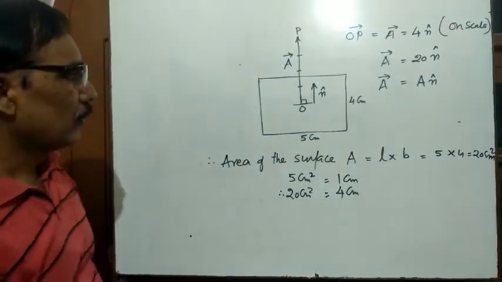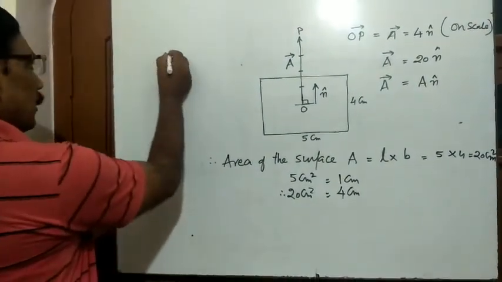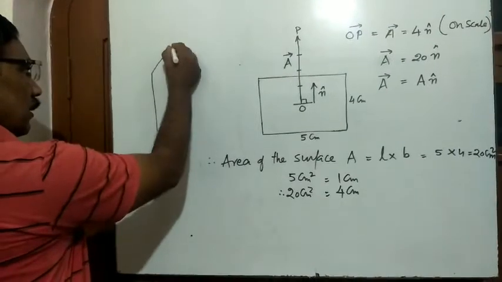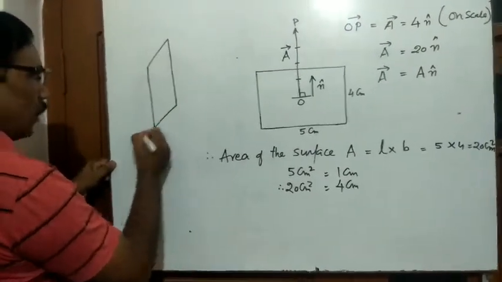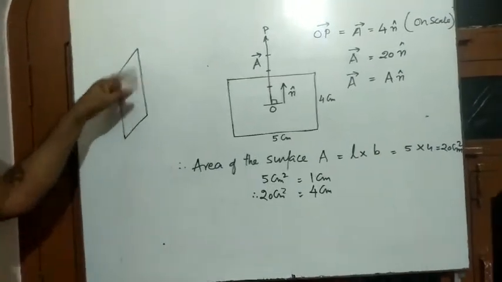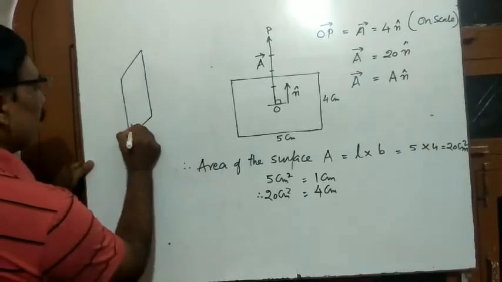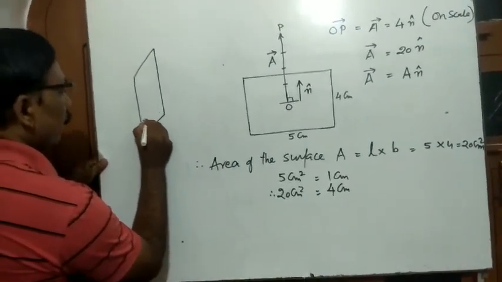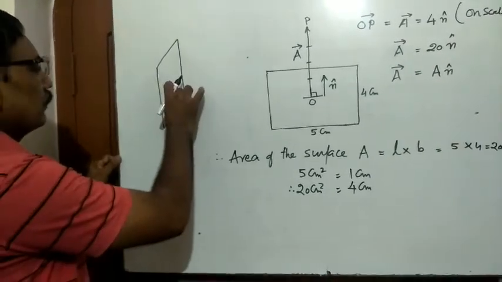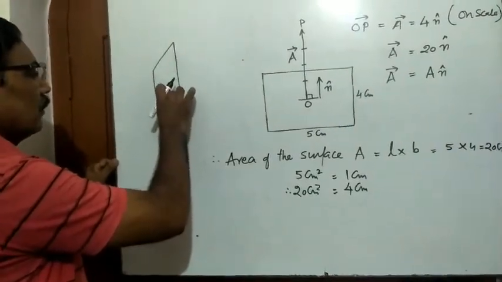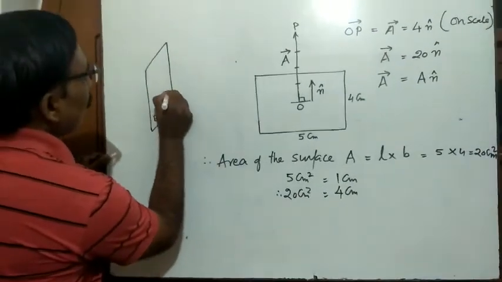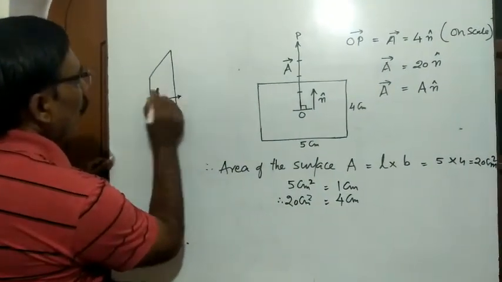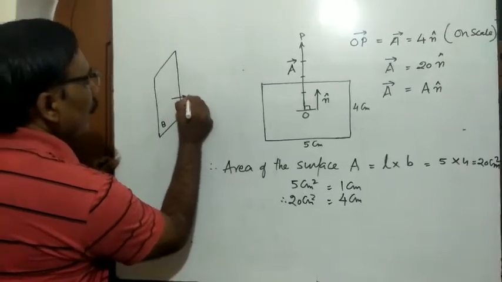Clear? So suppose this is the surface and you want to draw the area vector on this, so let the area of this surface be B. B is the magnitude and this is the unit vector on this surface, normal n cap.